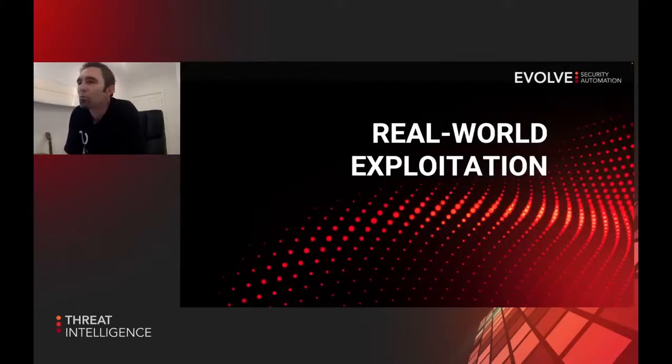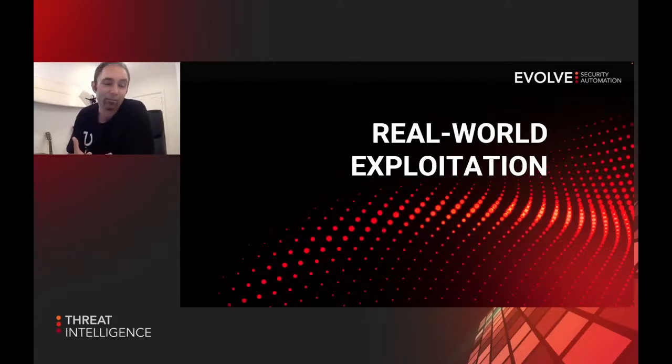So one of the things that we want to look at is real world exploitation, to see how this actually happens in the real world. As a part of this, our organization manages on a daily basis multi-million-dollar ransomware and extortion campaigns where organizations have been breached, and we come in and basically help them uplift their security extremely quickly using Evolve, identify the entry point, contain the breach, and maintain assurance over the environment.